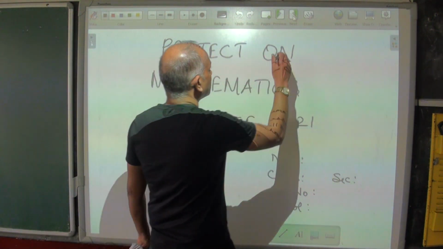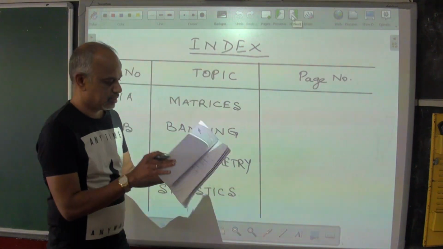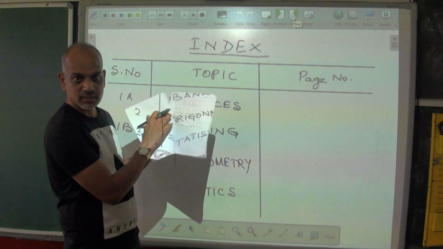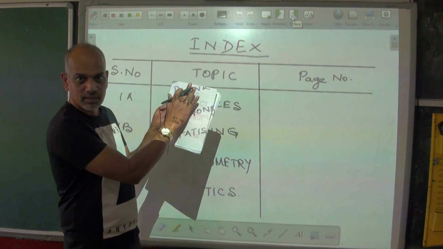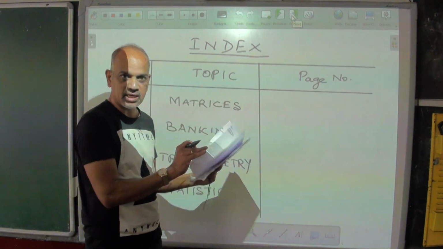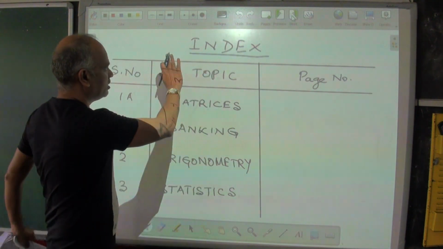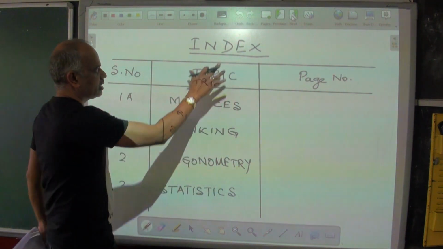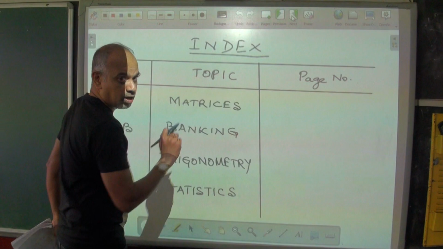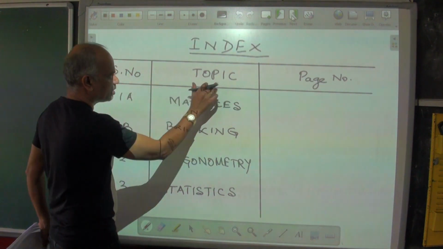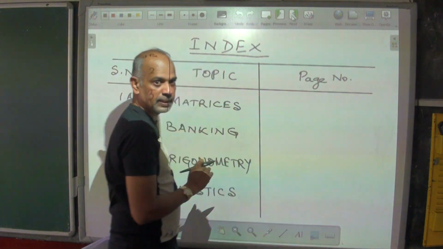Then the next sheet, the second one, is your index. Do all this neatly. Index: make 3 columns. First one is serial number, topic and page number.